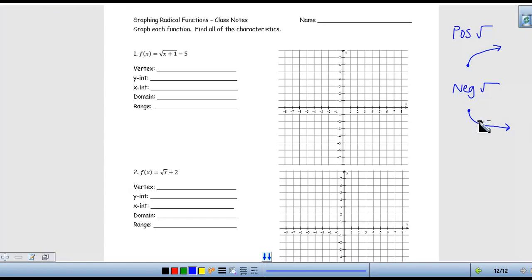So how do we find the vertex? Each of these functions are written in vertex form. They will have an a term. In this case, it would be a 1. The a will tell me whether or not to reflect over the x-axis, and it will also tell me if there is any vertical stretch or compression.